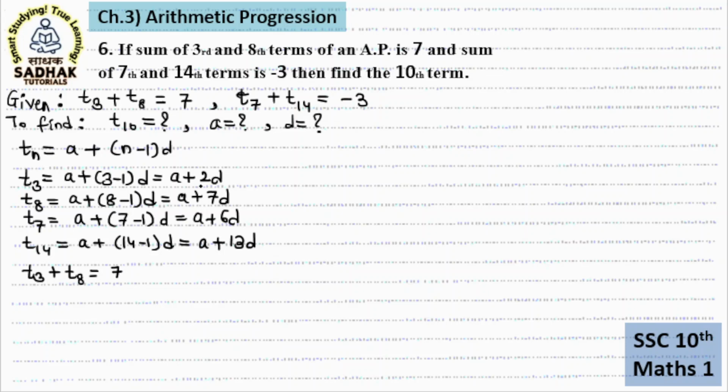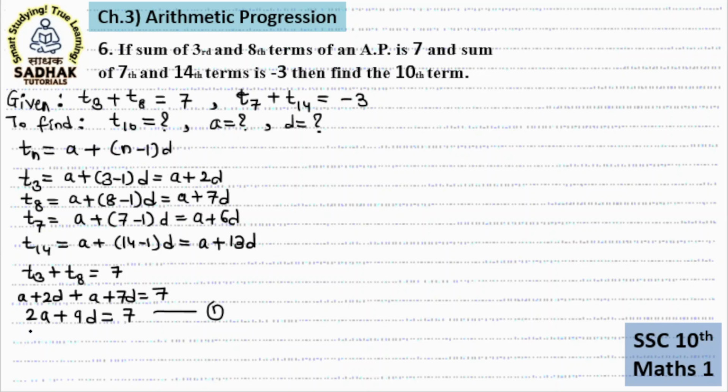Now T3 is a plus 2d, so let us write that: a plus 2d, plus T8 is a plus 7d, a plus 7d is equal to 7. Now when we add, a plus a is 2a, 2d plus 7d is 9d, is equal to 7. So this is what we get. Let us say this is our equation 1.